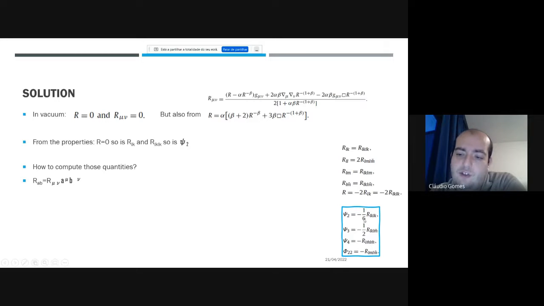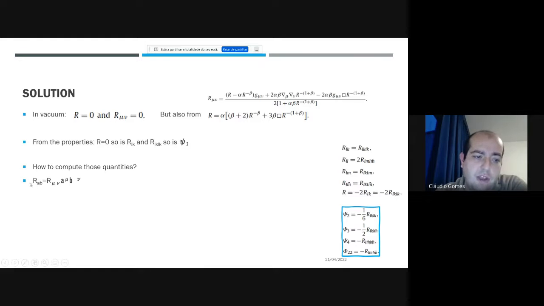Okay, and as I told you, if it's 0 for an observer, it's 0 for any observer. So the issue comes how to compute the other quantities in general, because we are using L, K, this notation of the Newman-Penrose tetrad. Remember that it was introduced in these slides.